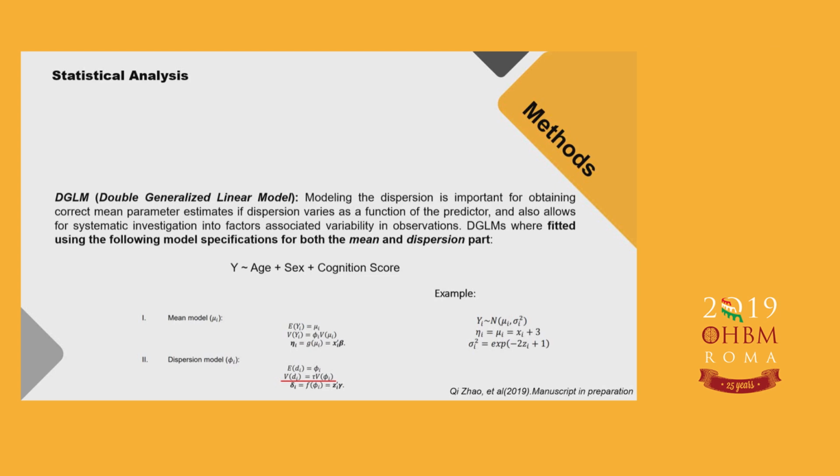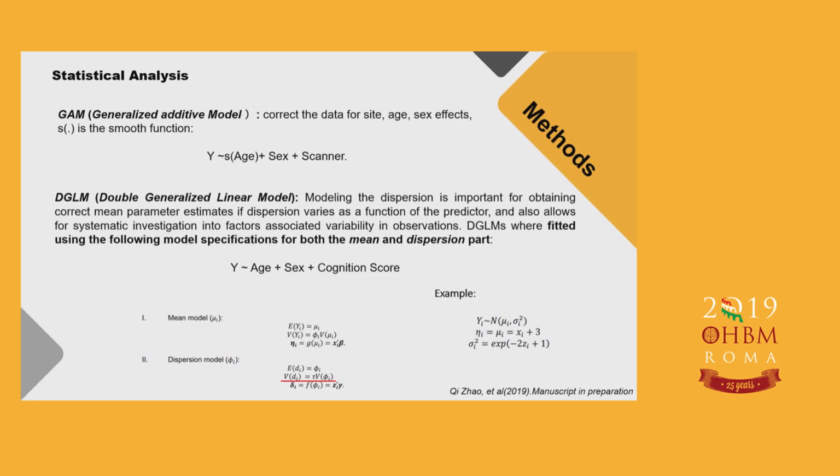Age, sex, and site are considered as covariates in the models. Herein, we use the generalized additive model to remove these effects. To correct for multiple comparisons, we employ the false discovery rate correction.